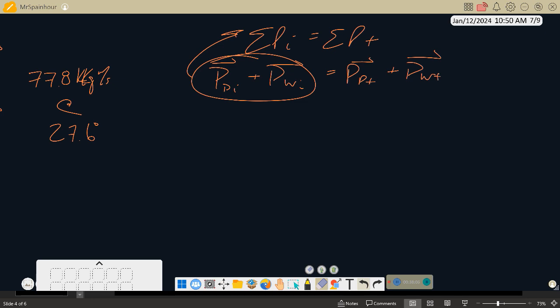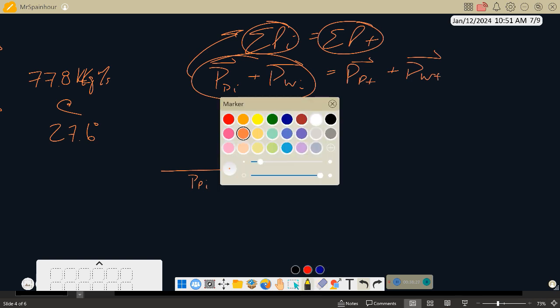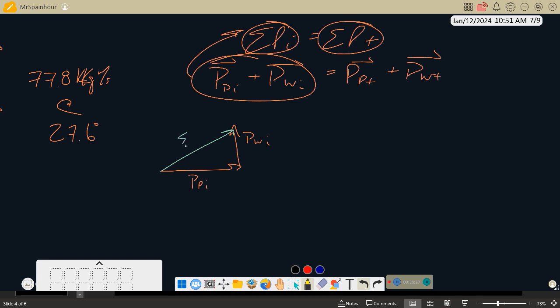Now, what I showed you at the very beginning with Horace is that this initial momentum is equal to the final momentum. Pictorially, here's what I'm saying. You took the momentum of Prius initial plus the momentum of Wrangler initial, and you found the total momentum initial. That equation at the top says that that vector must be the exact same as the final.